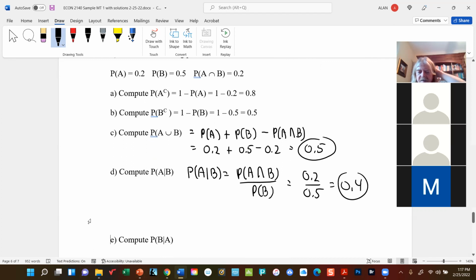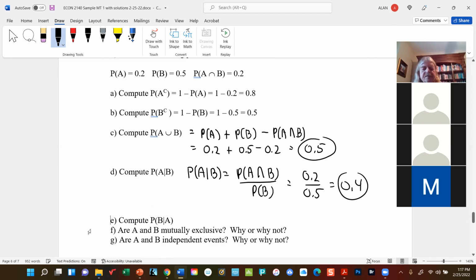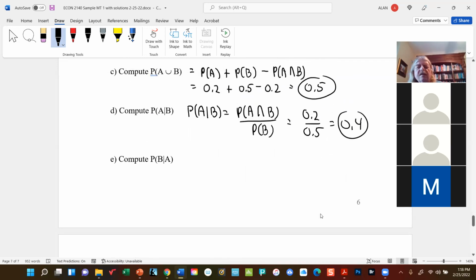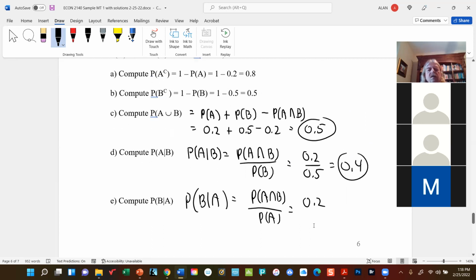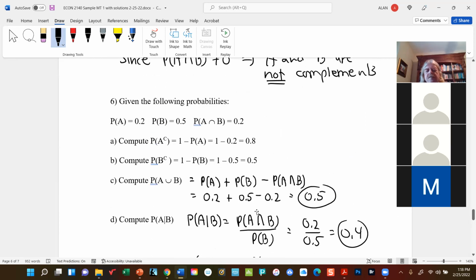All right. Now, we're going to do the other conditional probability. So we have 0.2 over 0.2.